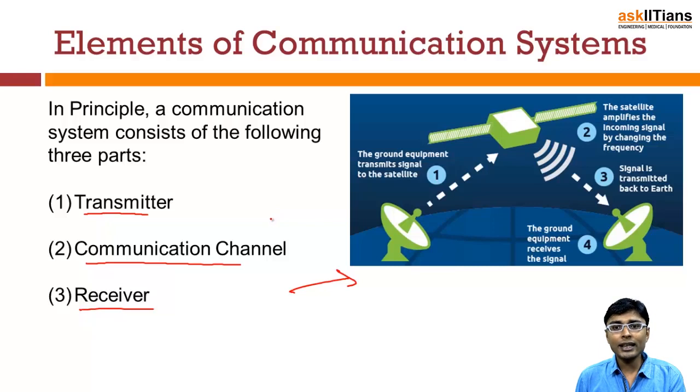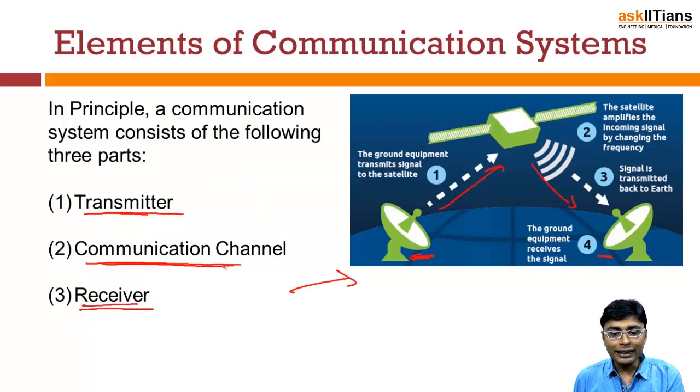The transmitter is a device which sends the information. In this case, the first antenna is sending the data to the satellite, and the receiving antenna on this side receives the information from the satellite. So the transmitter and receiver are required.